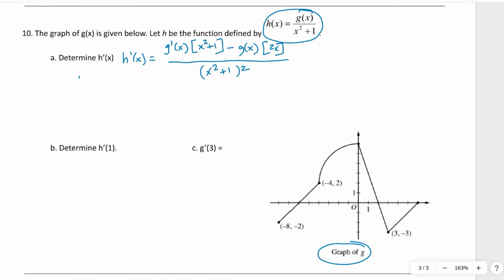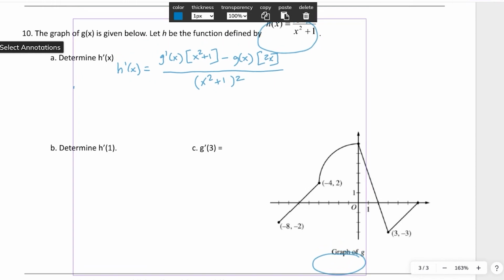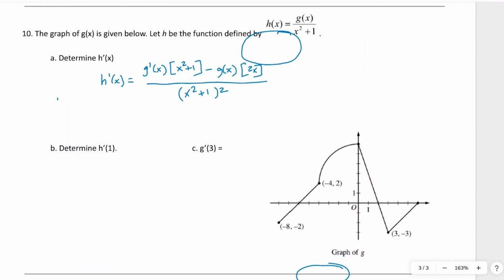Let me just do a quick glance here, make sure everything, I think that's right. Okay, there's really no work to show there. Let me drag this down a little bit. I'm wondering if maybe there was something we could simplify here, but I don't really think there is.